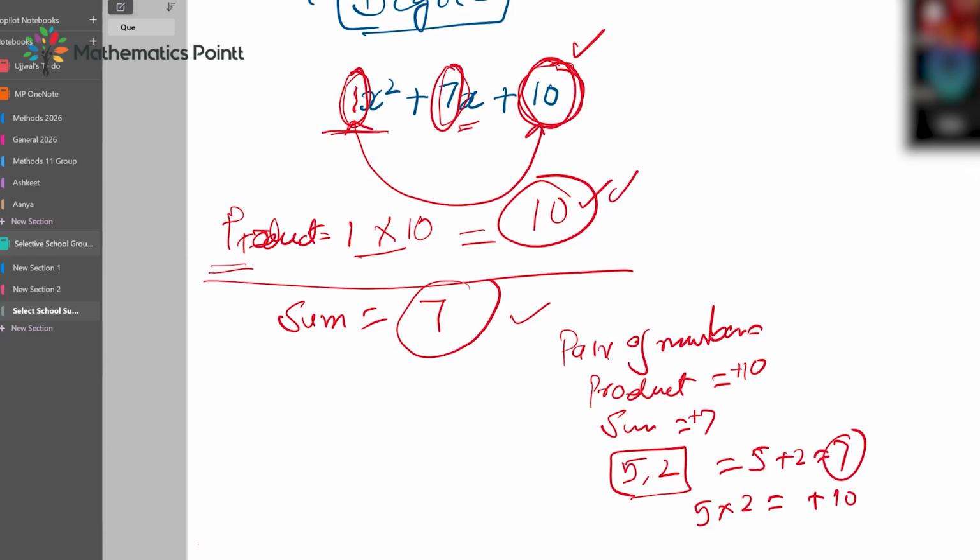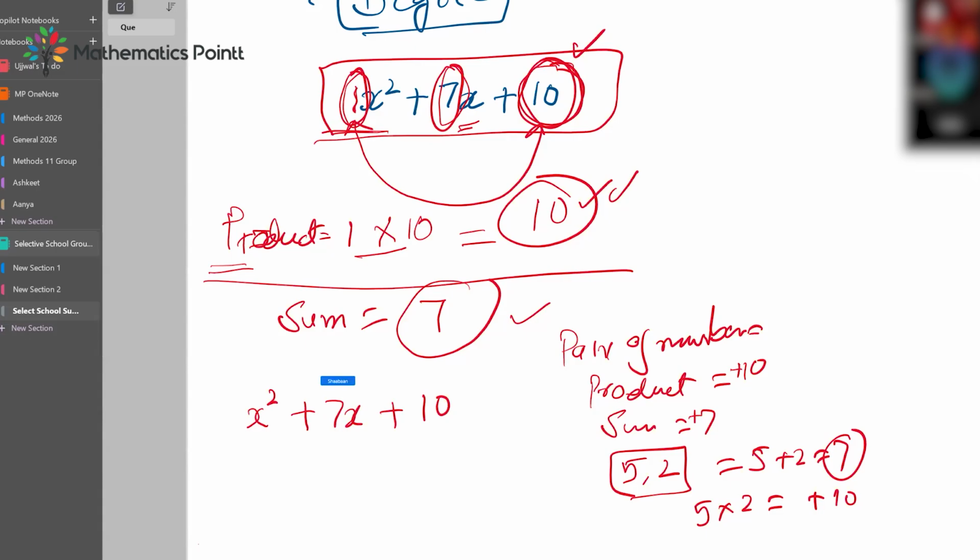Good job. Now, let's pick this expression again: x square plus 7x plus 10. You found 5 and 2. So when you have 5 and 2, just split this middle term into 5 and 2.